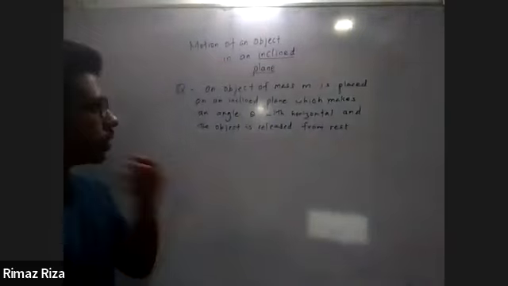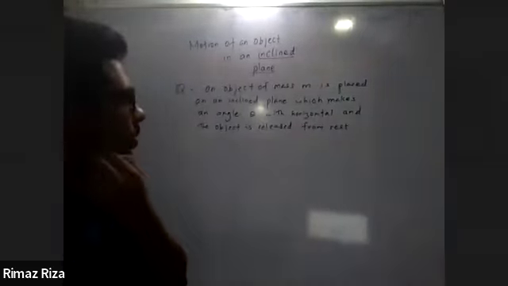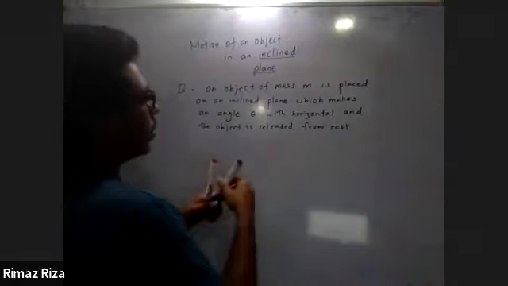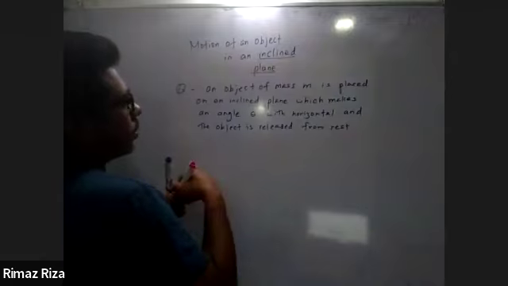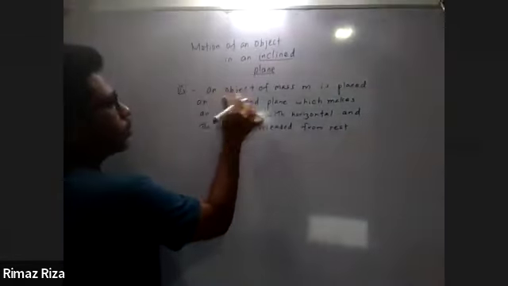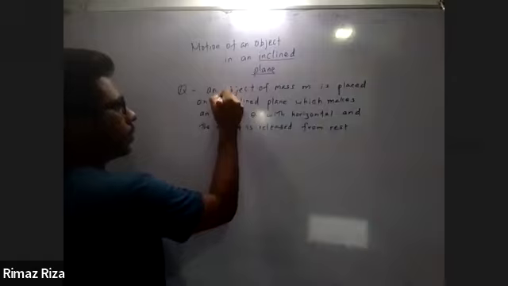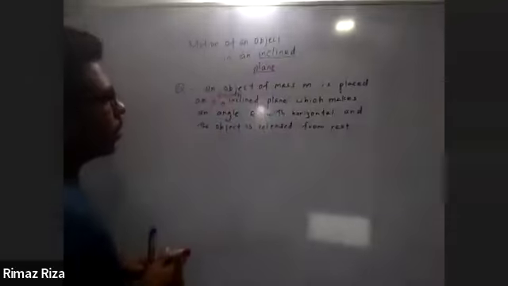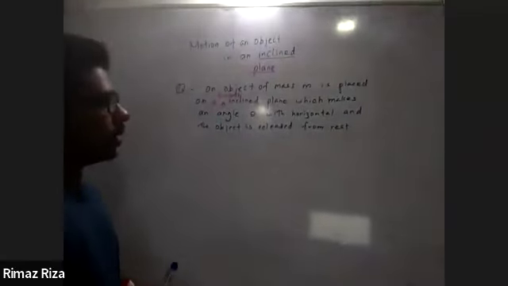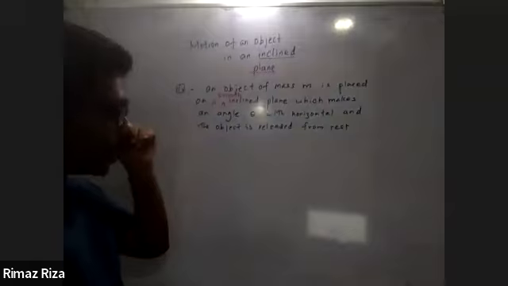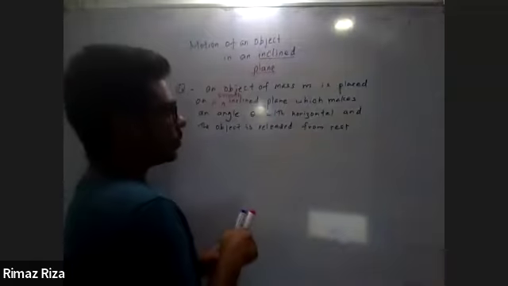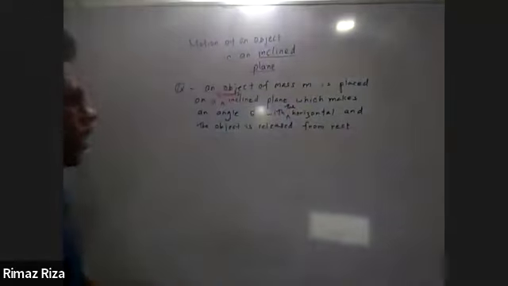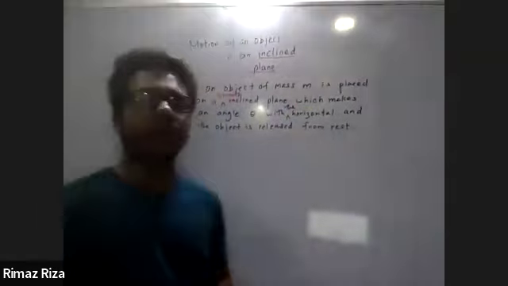An object of mass simple m is placed on an inclined plane. Here I had to mention, it's better if I mention, on a smooth inclined plane, which makes an angle theta with the horizontal and the object is released from rest.